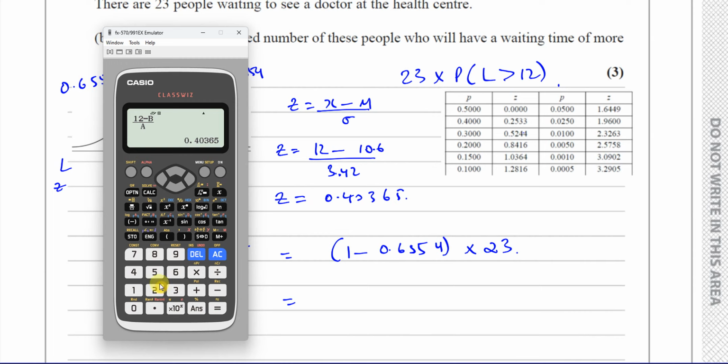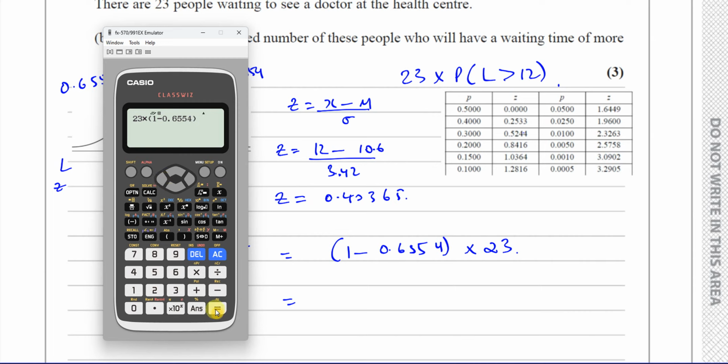So if I do 23 times 1 minus 0.6554, that will give us our answer. Oops, too many fives there.